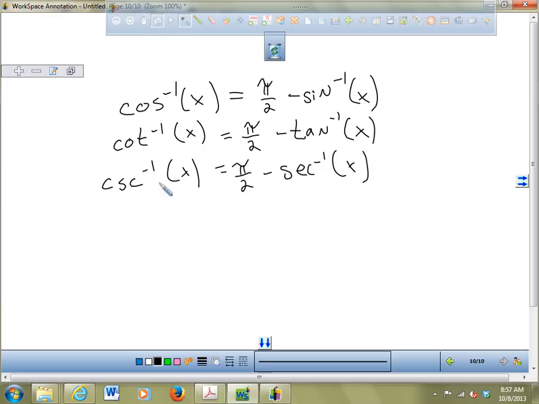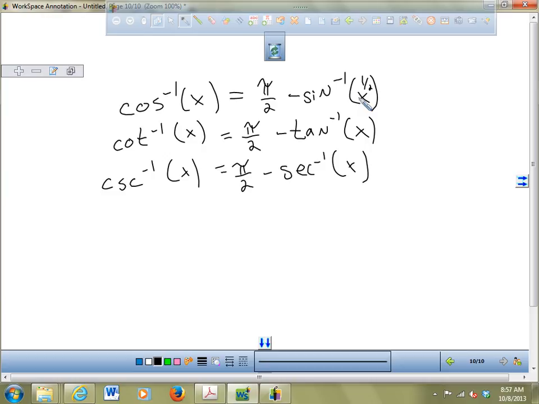So these are a couple other things you should be aware of. If you want to find the inverse cosine of an angle, you just subtract the inverse sine of that angle from pi over 2, okay? So for instance, inverse sine of 1/2. What's the inverse sine of 1/2? Inverse sine, what's the angle corresponding to 1/2? Pi over 6, right?